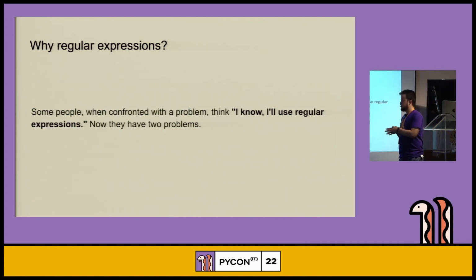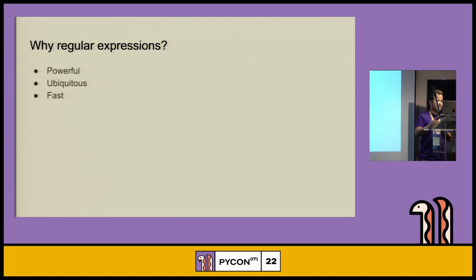Why regular expressions? If you ask around, regular expressions have a bad reputation. You have probably seen this quote: some people, when confronted with a problem, think, I know, I'll use regular expressions. Now they have two problems. This is not entirely true, and one of the reasons you might consider using regular expressions is that they are very powerful in terms of expressive power.